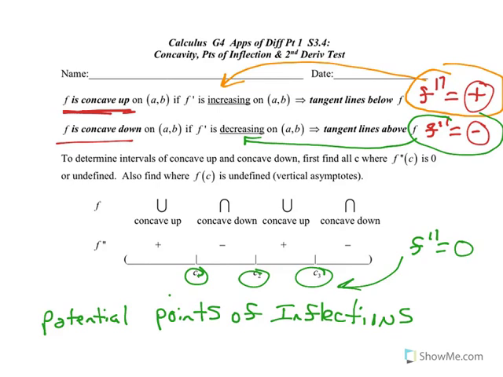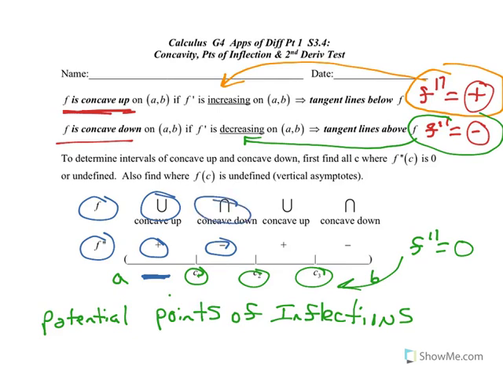And then you'll test numbers in that interval from a to b. You'll choose a test value within this interval, some number, and see what the value is on f double prime. And if f double prime is positive, then function f would have to be concave up. If f double prime is negative, then function f would have to be concave down. And a point of inflection is where the curvature changes.